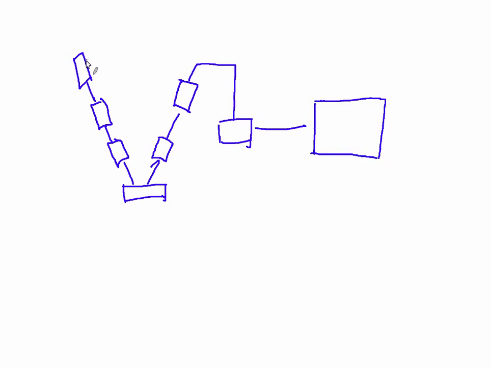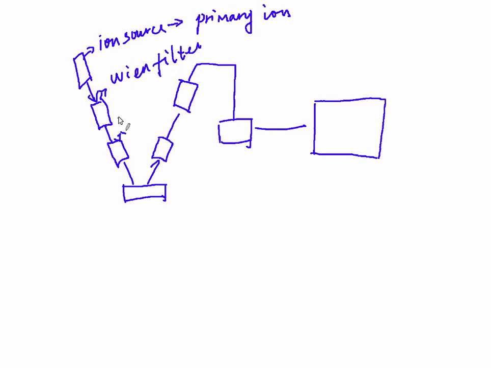Here is the primary ion system, or we can say an ion source, which generates the primary ion beam. Then this beam passes through a Wien filter and the XY deflector to reach the sample.